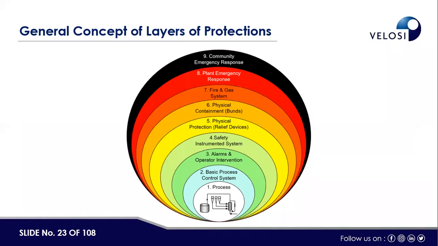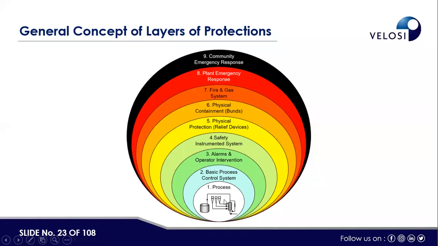Now, how can we prevent such incidents, which occurred and which may occur at your own facilities as well? Practically, there are various layers of protection and mitigation, and plants are normally built with this concept. First is the process, the chemical process occurring within the chemical plant, process plant or hydrocarbon plant.